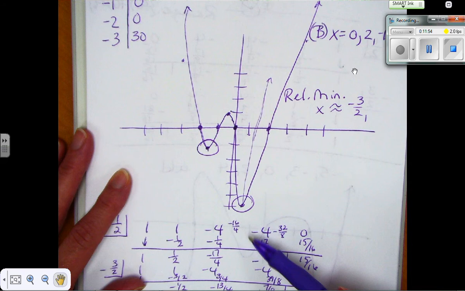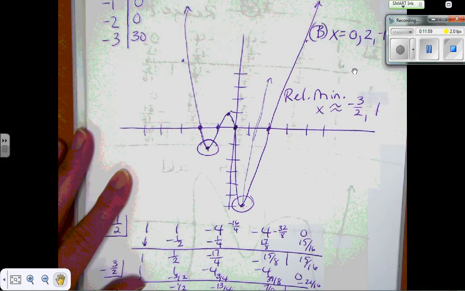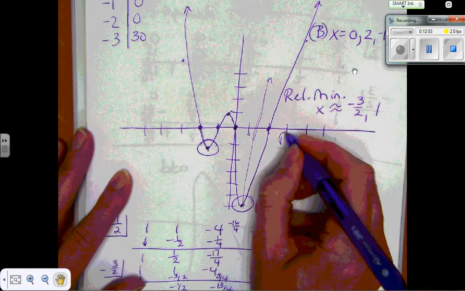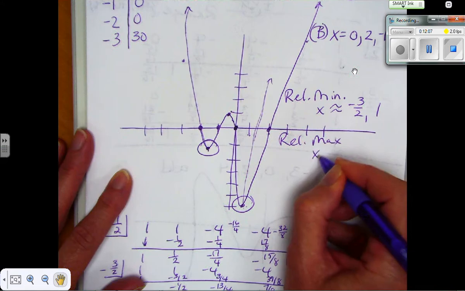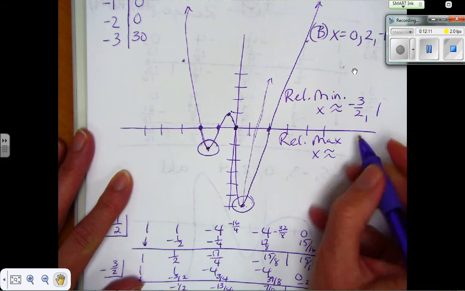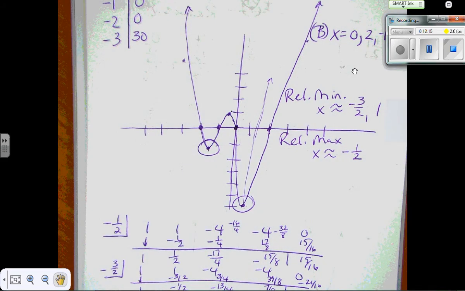And this relative min occurs where x is about 1. Okay, and then for your relative max, you only have one relative max on this graph, where x is about, here's your relative max, -1/2. So for your relative min, relative max, you're looking for your turning points, where the graph is going one direction and then it turns and goes back the other direction.